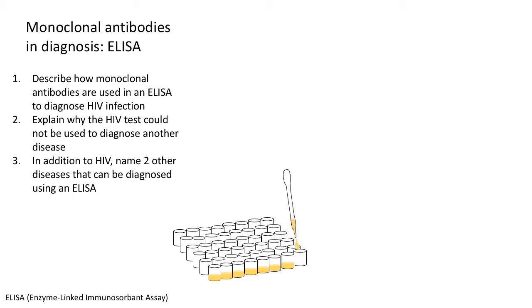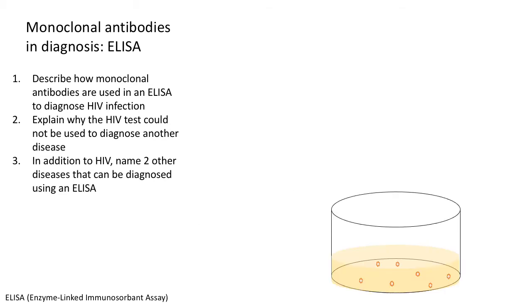So sample will be added to one of those wells. So let's focus in on what happens in one of those wells during the ELISA. In this example we've got the well here, the plasma sample has been added and it's got HIV in the sample. So the first thing that happens is this.